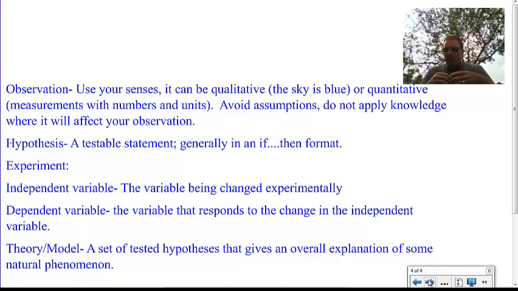You can collect qualitative data. The sky is blue. Things that you see and observe, smells, sounds, taste to some extent, although to quote my favorite lab guy, Don Showalter, in the lab, we don't taste, we test. So those are things that you have not measured and given a number and a unit to.